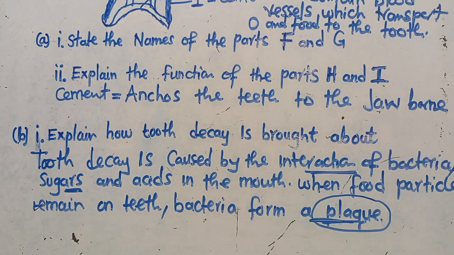This is the reason why if you don't brush your teeth, you get affected. So this is more like a coating with bacteria that gets formed. When you don't brush your teeth, you discover that some things will be formed on your tooth like that.